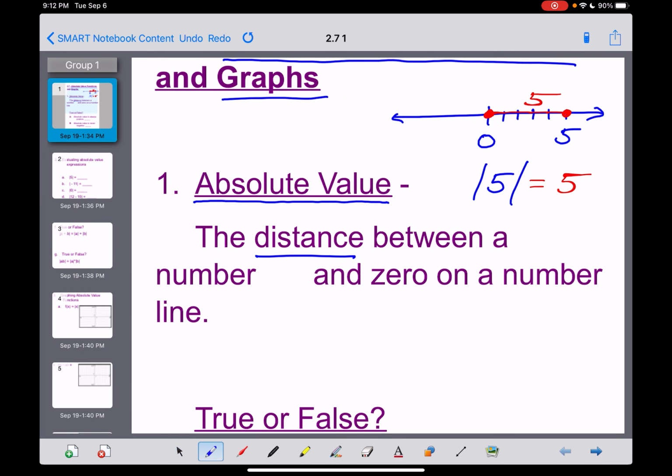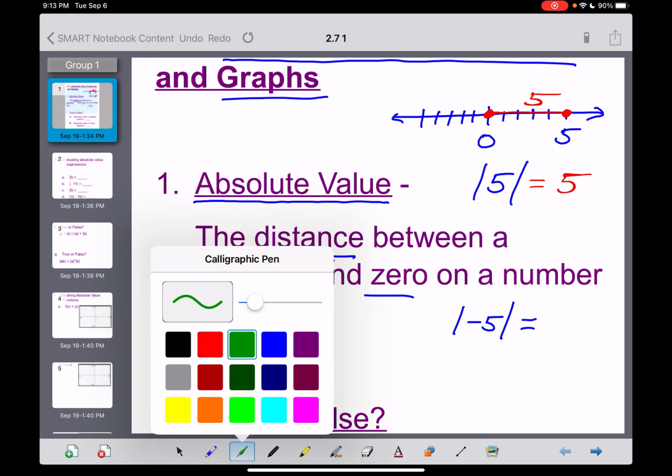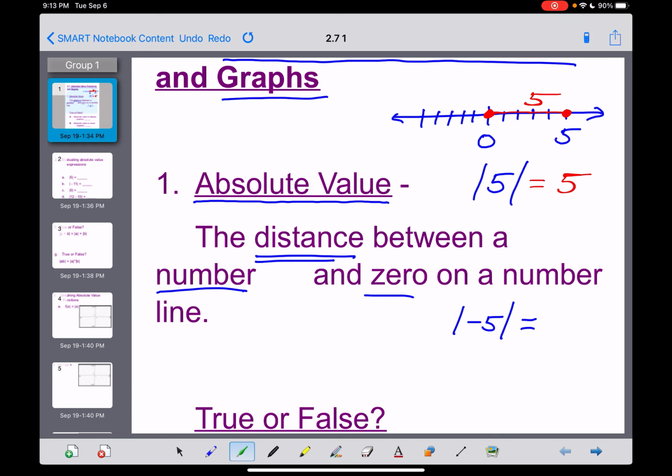Now, going along with that, if I were to ask you about the absolute value of negative 5, let's go back to this definition. The absolute value of negative 5 means the distance between that number, negative 5, and 0 on your number line. So now I would plot negative 5, which is going to be 5 units over here to the left. Let me do this in green. There is negative 5, right there.